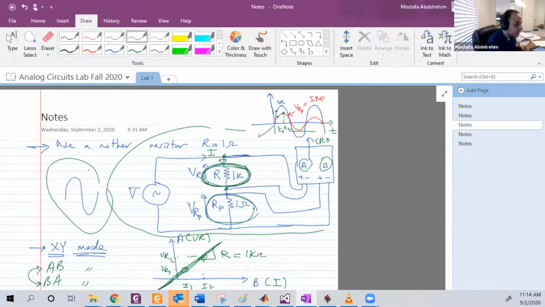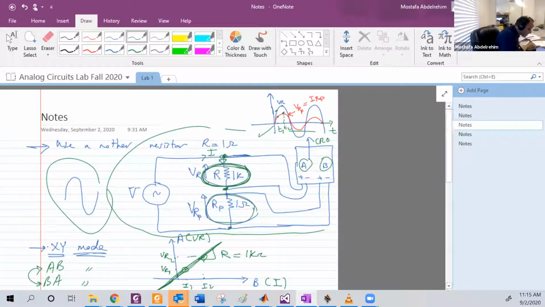Good. Now we're gonna see the first signal, which represents the voltage across VR, and the second signal, which is B, the voltage across RB. And since RB is 1 ohm, this signal is also the current.